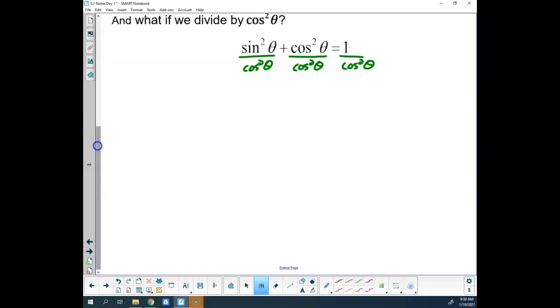Sine squared divided by cosine squared is tangent squared. Cosine squared divided by cosine squared is 1. One divided by cosine squared is secant squared.